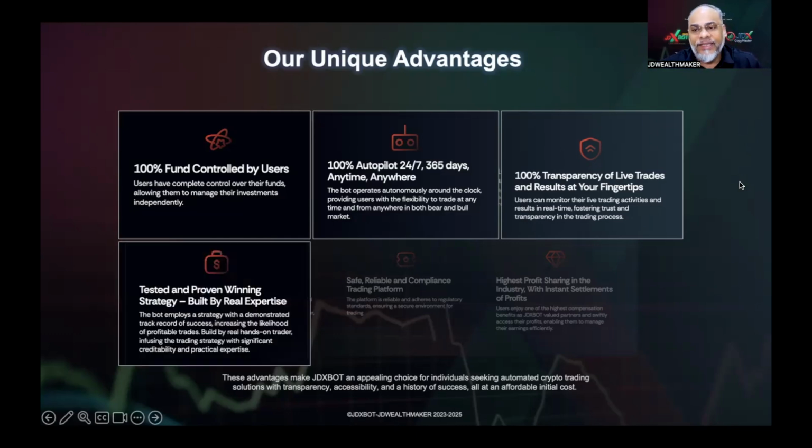Now, number 4, it is a tested and proven winning strategy built by real expertise. So as I mentioned to you, these are my strategies because of my hands-on involvement in trading since 2009. Even before crypto trading was really active, I've already been trading in the forex market, especially gold trading.